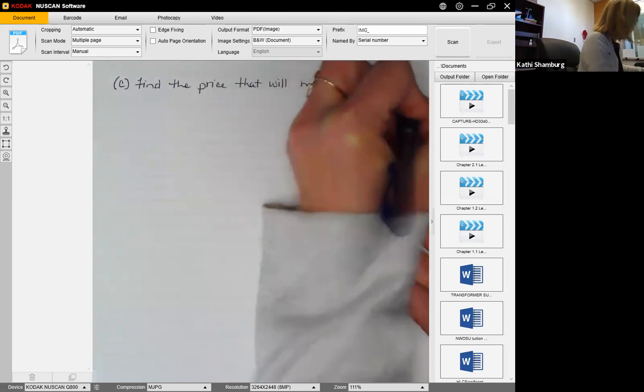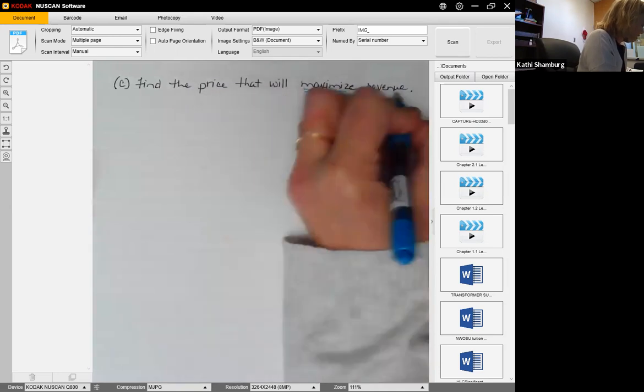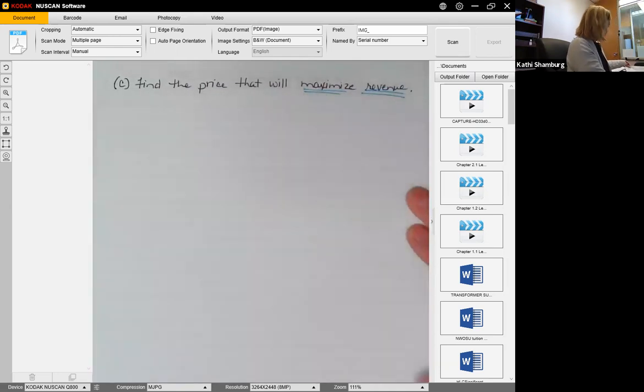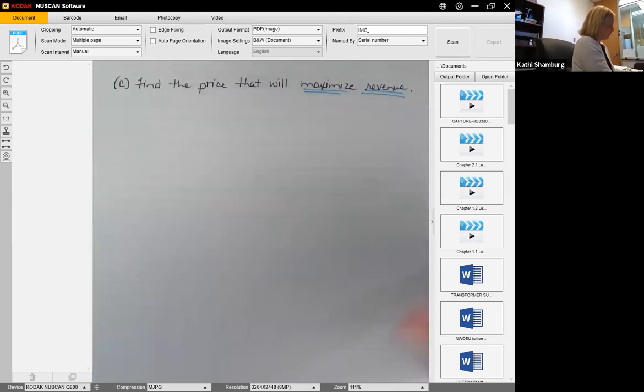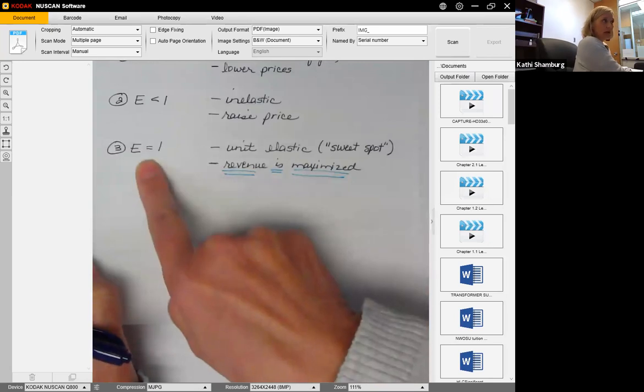All right. So when I started talking about this topic, I said, pay attention to this wording, because what does that wording tell me? When revenue is maximized, then I know elasticity is going to be equal to 1.